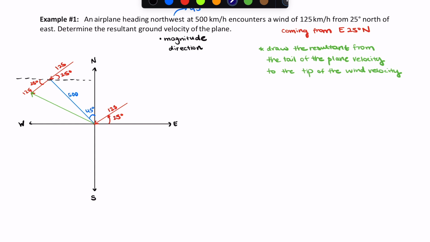That's because 25 degrees plus theta plus 45 degrees is equal to 180. So theta is equal to 110 degrees.